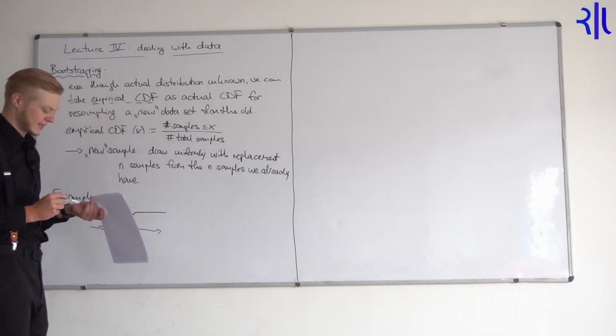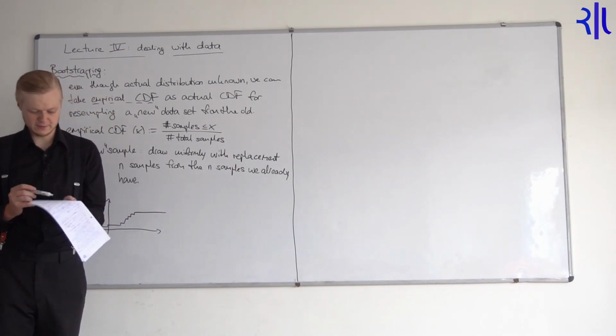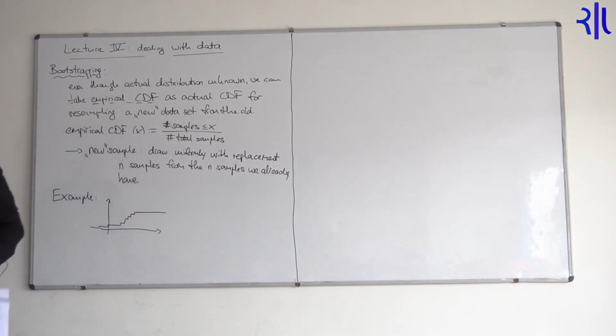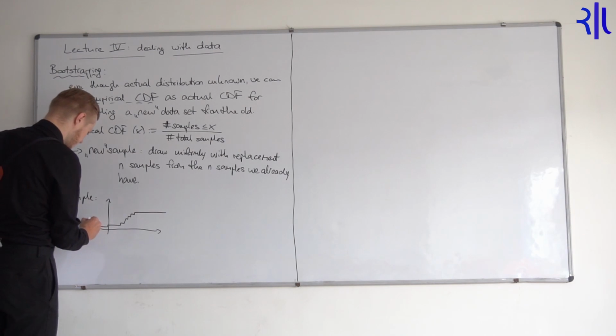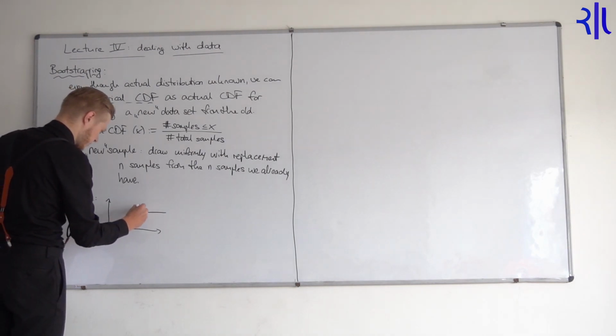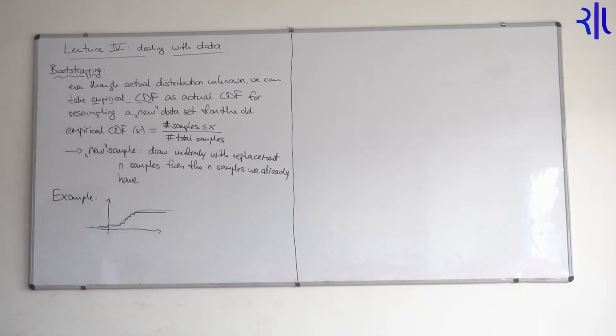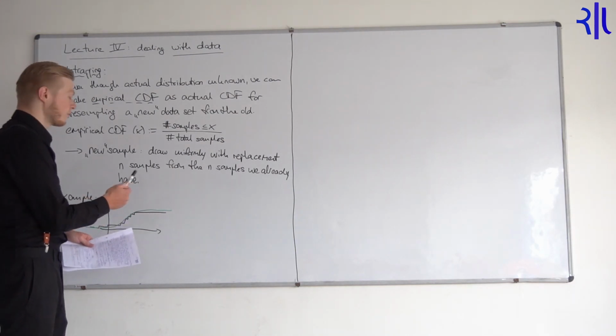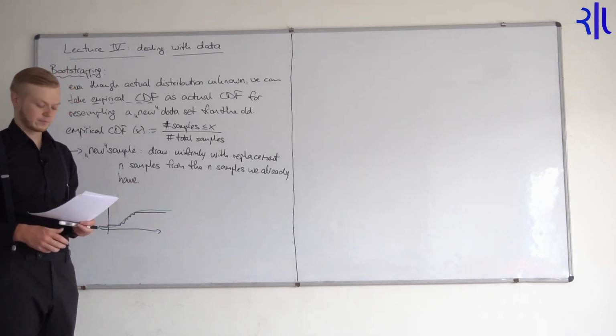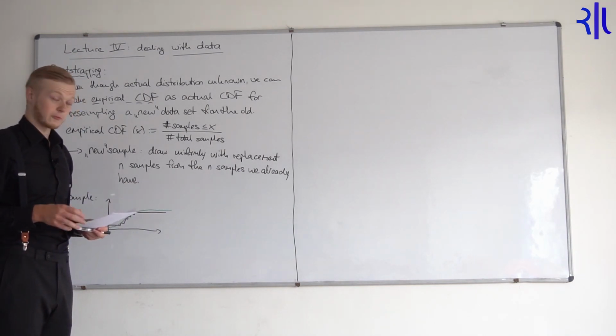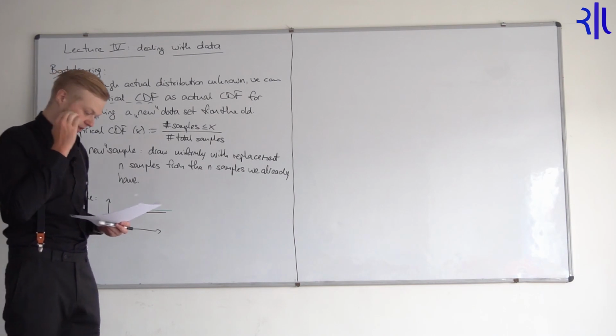And the actual CDF might be a little bit different, and look like this. But for our purpose, we can assume that both are pretty much the same, if we have enough data, of course.